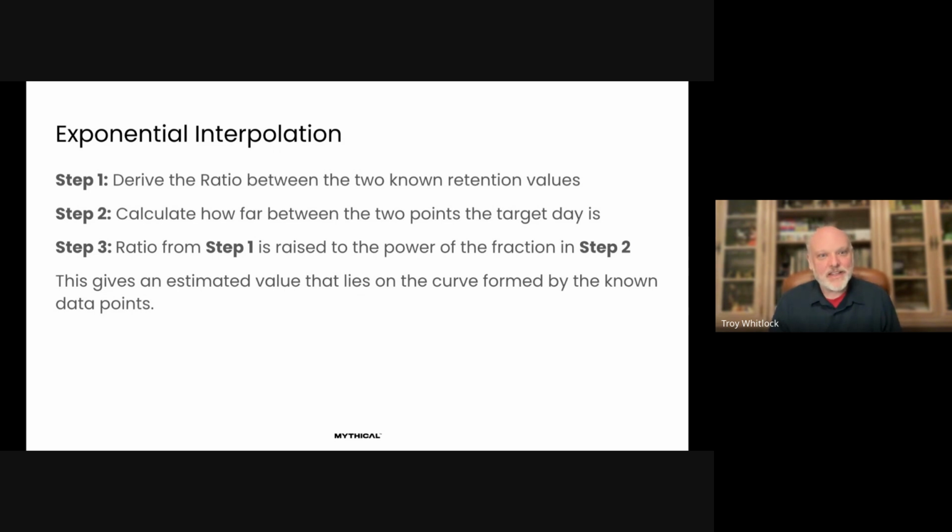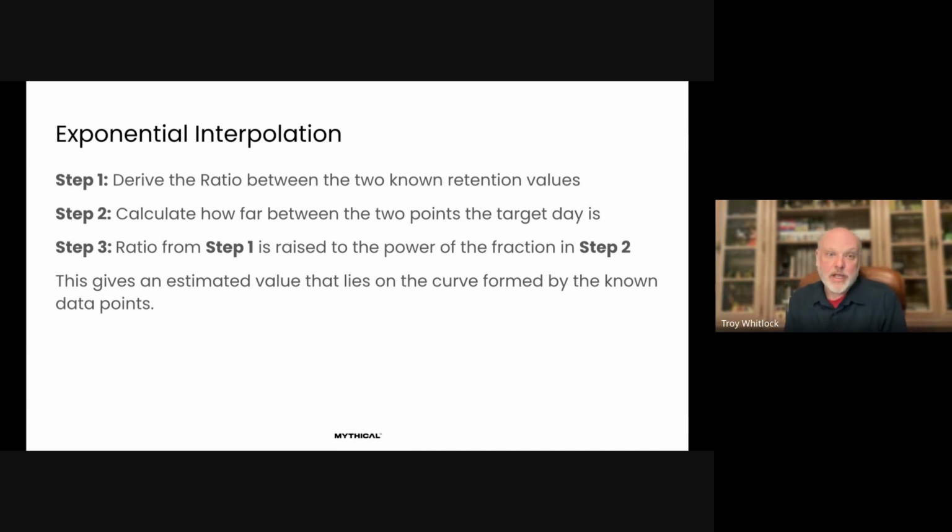But basically, the idea is you're going to derive a ratio between known values. So say we know the value for day 3 and day 7, and we want to know the value for day 5. Step 1: we compare the values for day 3 and day 7. Step 2: we know day 5 is halfway between day 3 and day 7. So that fraction, 0.5 in this case, is used in the calculation.